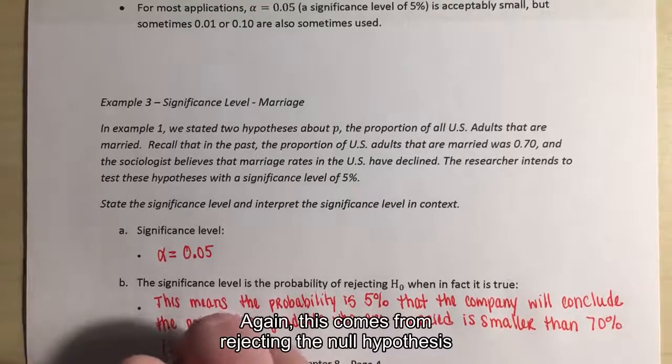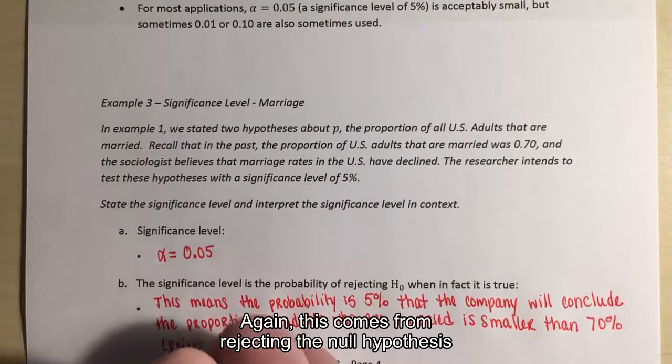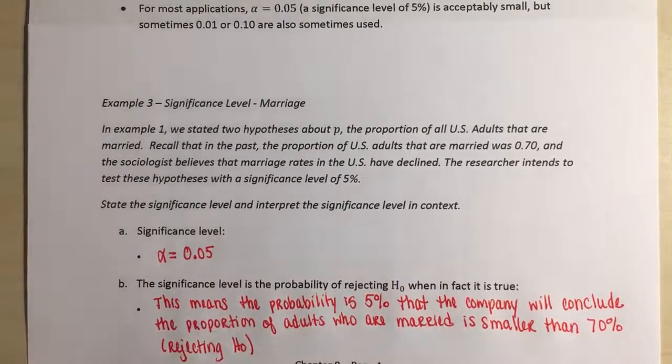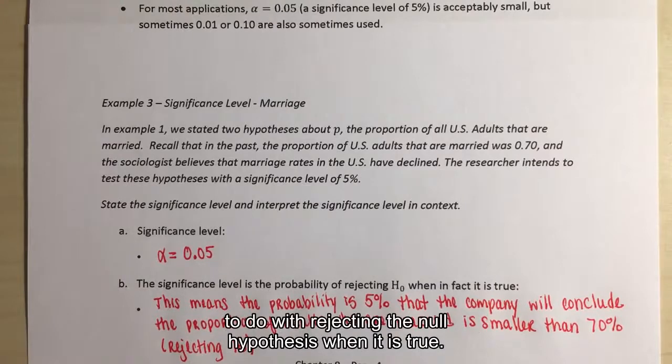Again, this comes from rejecting the null hypothesis. Right? And our level of significance has to do with rejecting the null hypothesis when it is true.